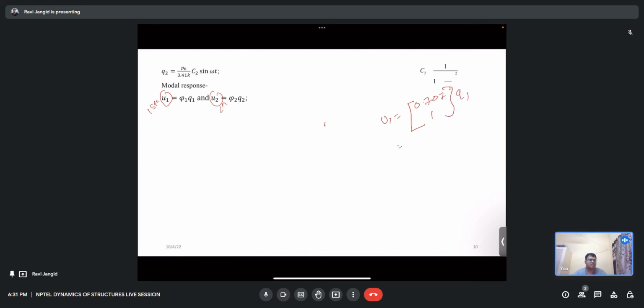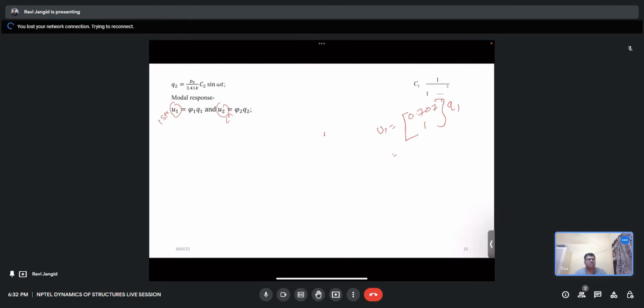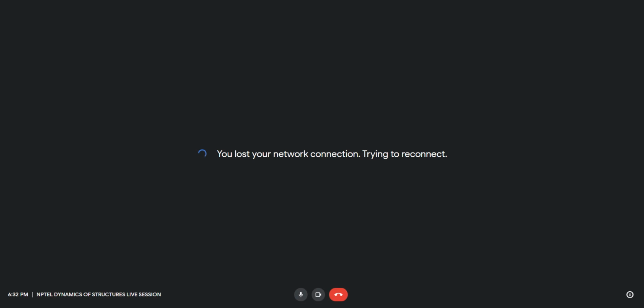That would become U11, U21 as 0.707 Q1 and Q1, that is the U1 corresponding to 0.707.